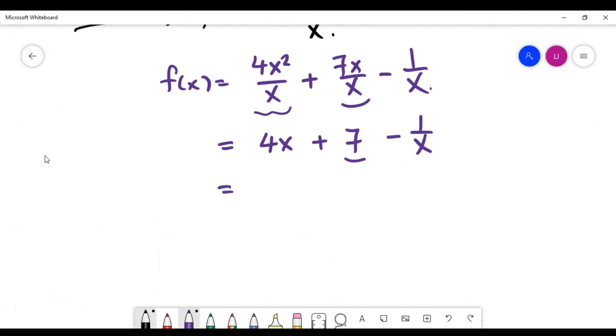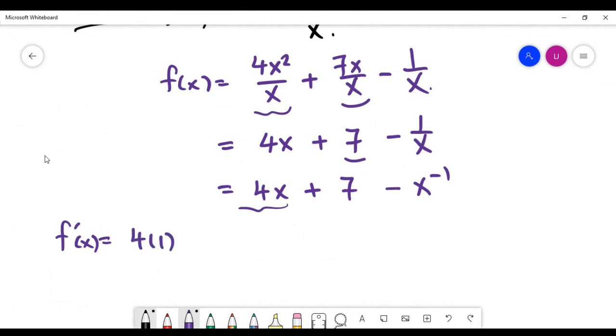And now, to put it in the form where you can apply the power rule, the 1 over x can be reverted to make it look like x to the power minus 1, right? And I think now it is safe that we can find the derivative quite easily by looking at the differentiation problem term by term. 4x becomes 4 times 1, and 7 becomes 0 after applying the differentiation. And the last term is an application of the power rule.